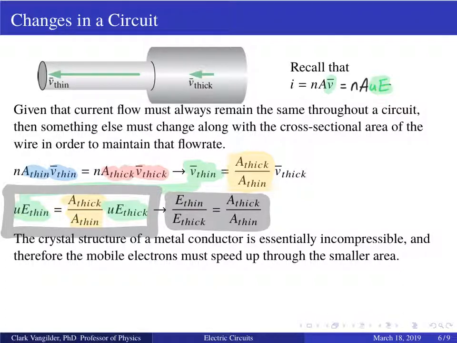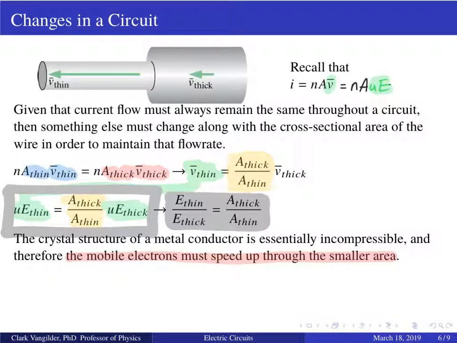So as I was describing earlier, the mobile electrons have to speed up through the smaller area. That's the only way you can maintain a constant number of electrons per second flow rate, is if they speed up in the compressed area, slow down in the larger areas.